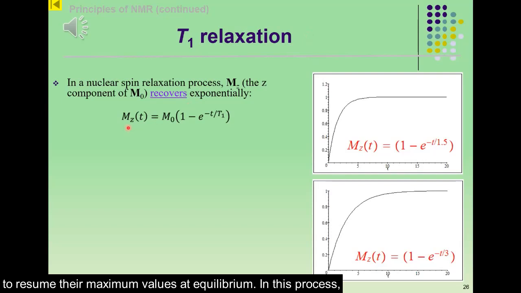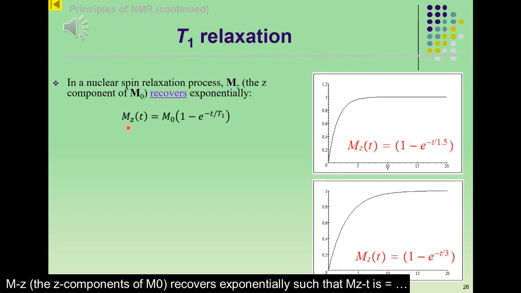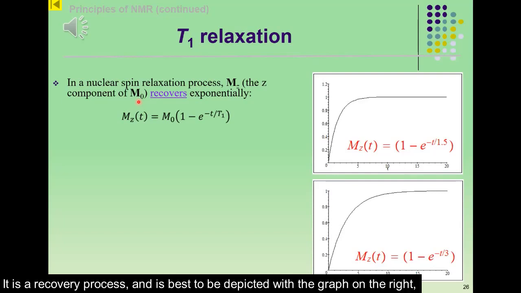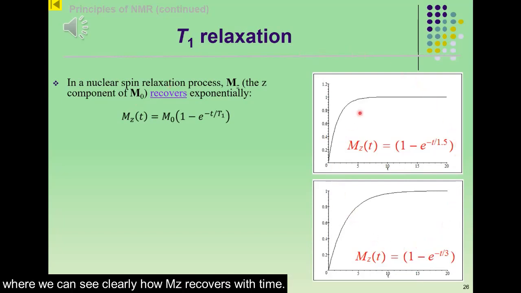In this process, Mz, the Z component of M0, recovers exponentially such that Mz(t) is equal to M0 times bracket 1 minus e to the power of minus t over T1. It is a recovery process and is best depicted with the graphs on the right, where we can see clearly how Mz recovers with time.